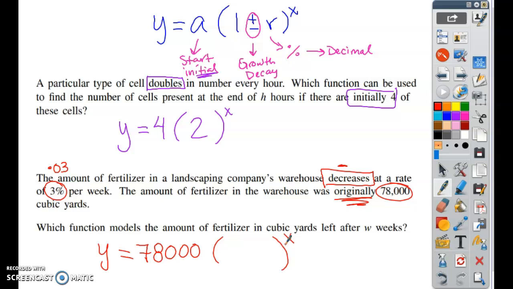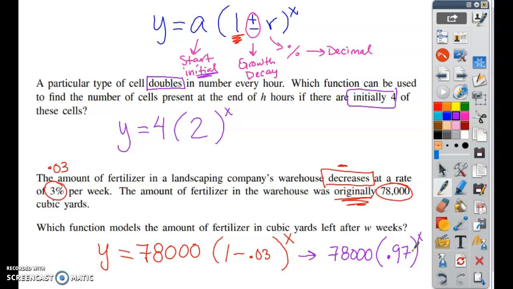Decreasing. Do not forget the 1. This 1 always has to be right here. 1. Always. And then is it plus or minus? Minus 0.03. And what's 1 minus 0.03? What's 1 minus 3 cents? 0.97.